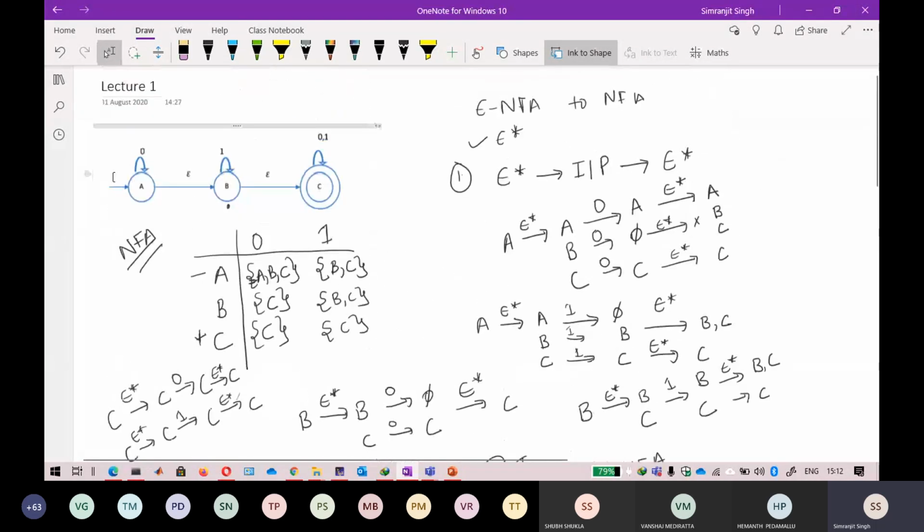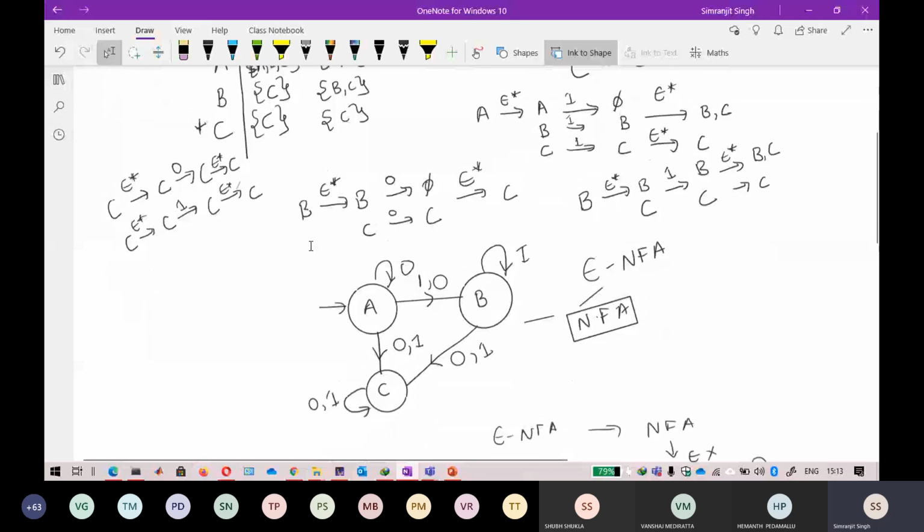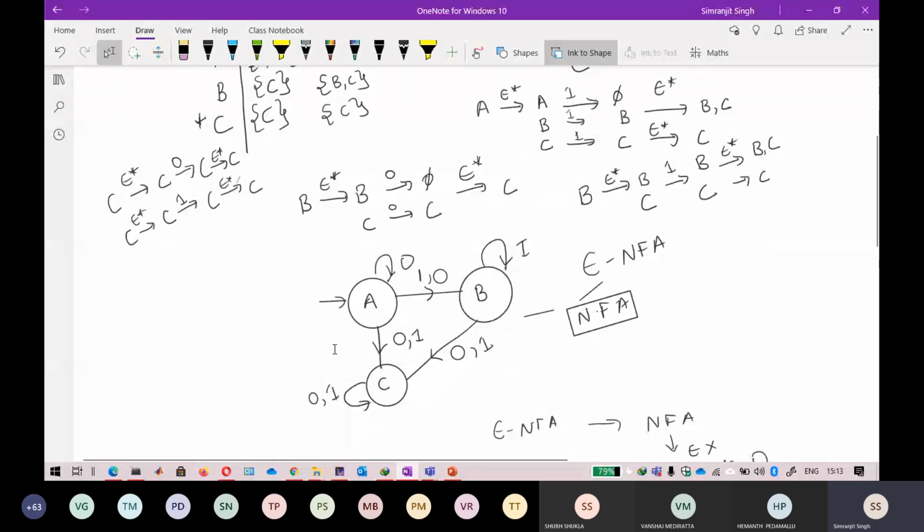If you see what is happening, any number of zeros followed by any number of ones, after that the language looks like this: any number of zeros followed by any number of ones. After that, 0 and 1 can come any number of times. Okay, so it just looks a little bit different, but the final state here is C.